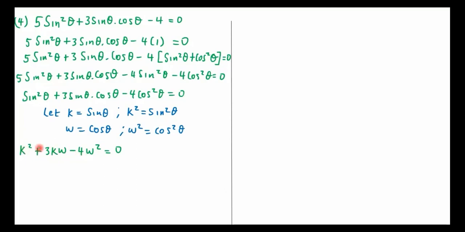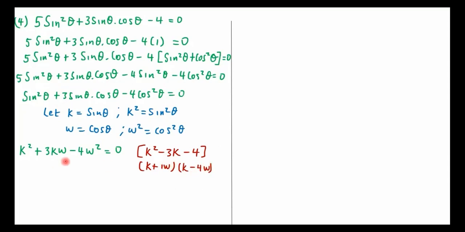If you have two variables that you're trying to factorize, all you have to do is look at it as if you have k squared plus 3k minus 4, because you know that when you have something like this, you can easily factorize it. So your factors will be 1 and 4, minus and plus. Then after doing that, you just put in w after that. So we said minus 4 like that, and you just put in w here and w there.